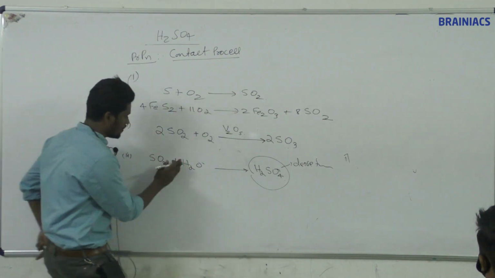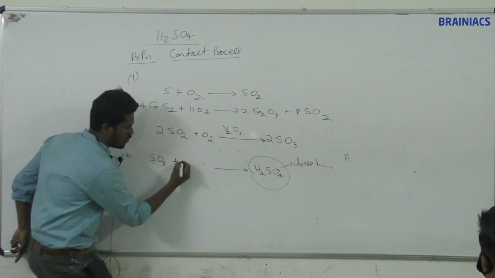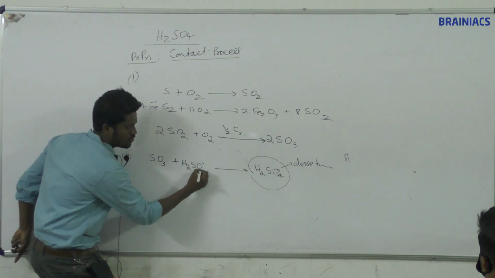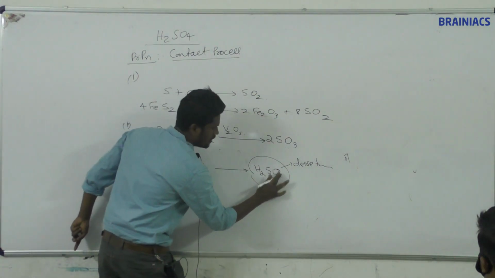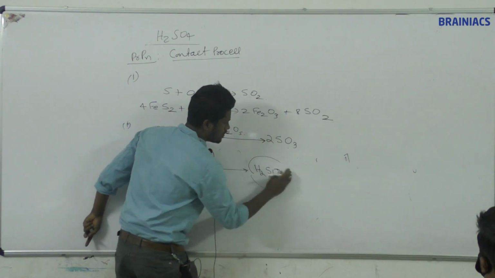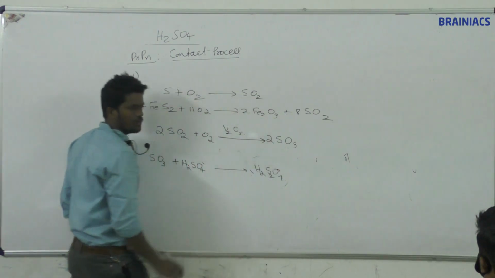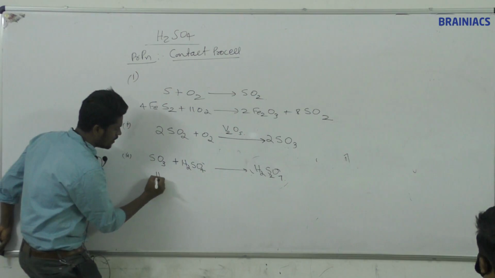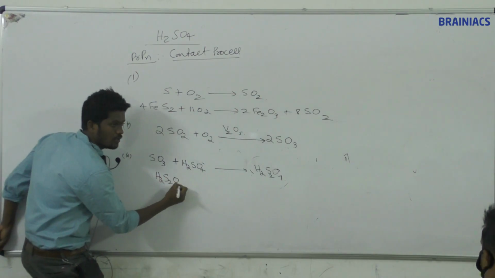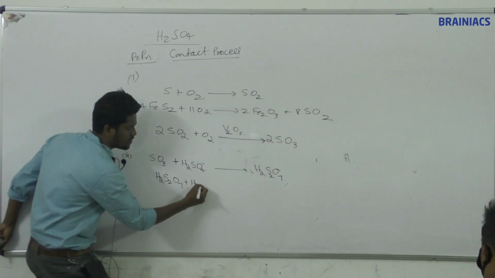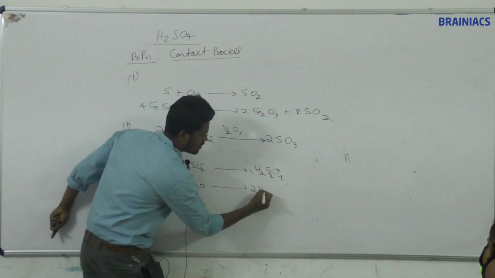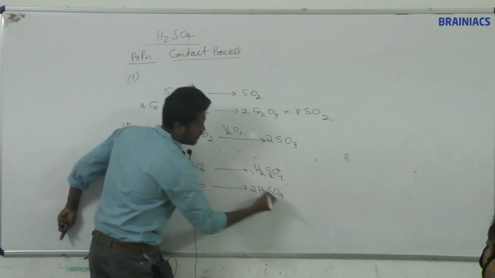So here we are using SO3 absorbed by H2SO4, which gives H2S2O7, that is oleum. And here this oleum on hydrolysis gives the desired concentration of sulfuric acid.